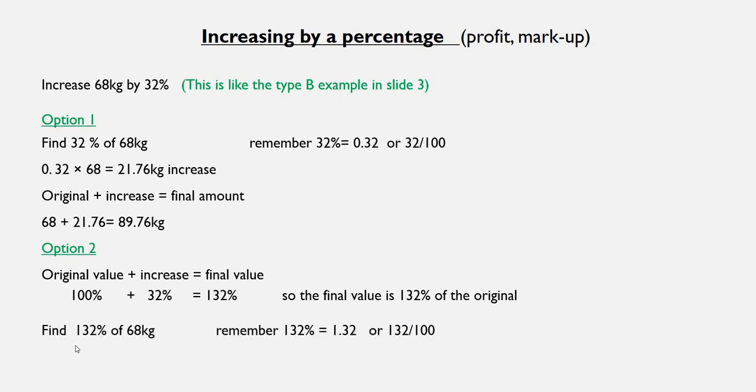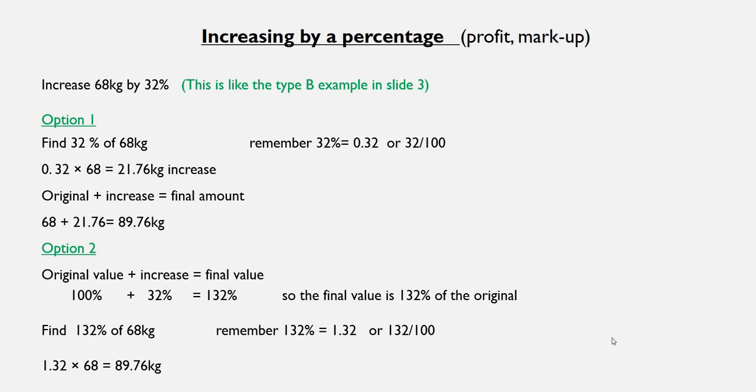So now all I need to do is find 132% of my 68 kilograms. 132% is 132 divided by 100, which moves the decimal 2 places, so it's 1.32 as a numeral. 1.32 multiplied by my 68 gives me 89.76 kilograms. So I've done the whole thing in one step.